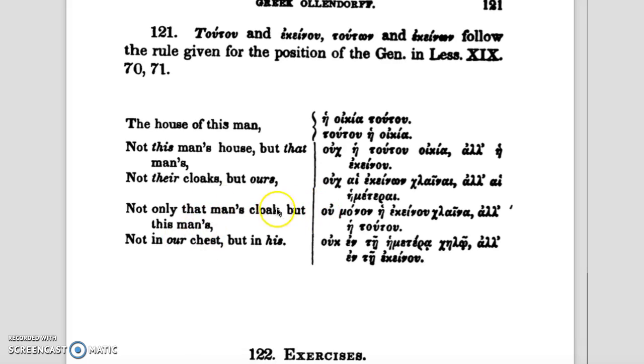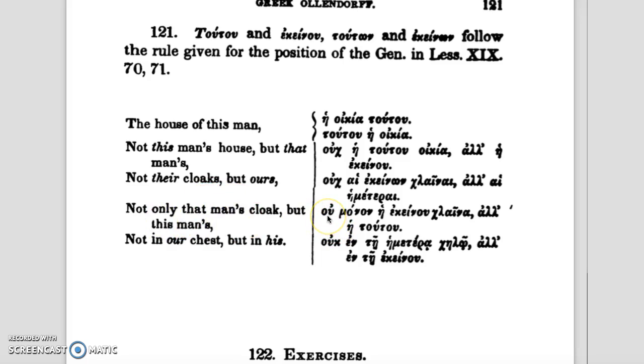Not only that man's cloak, but this man's. So, u monon ekinu klena. Not only the cloak of that man, al etutu, but this man's. So we're just using the demonstrative pronoun ekinu and tutu to symbolize that man's or this man's.